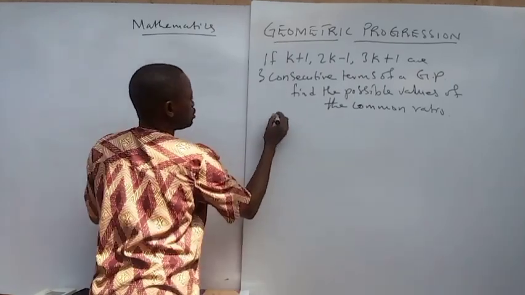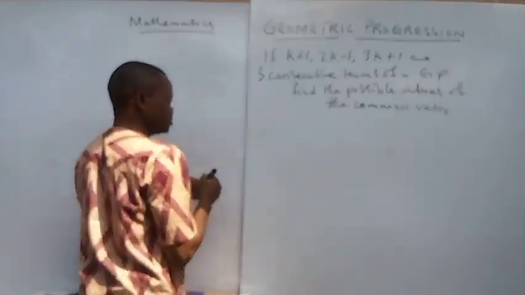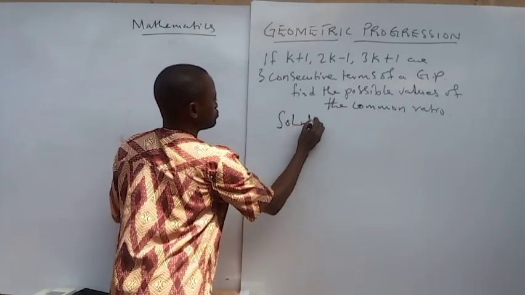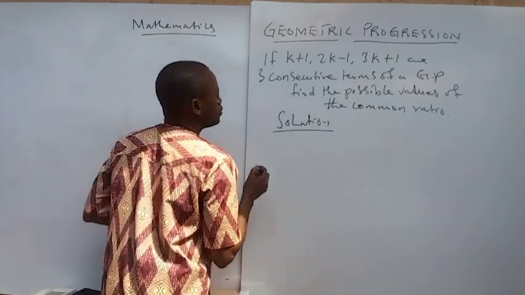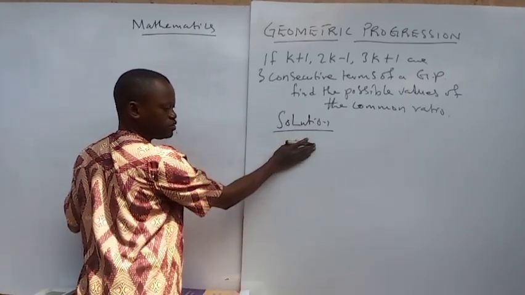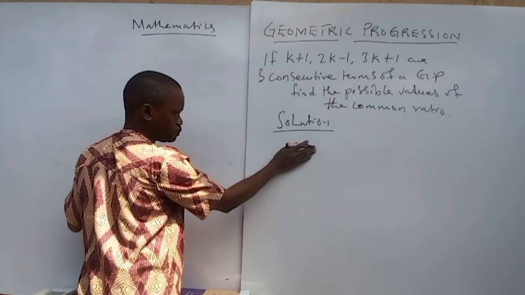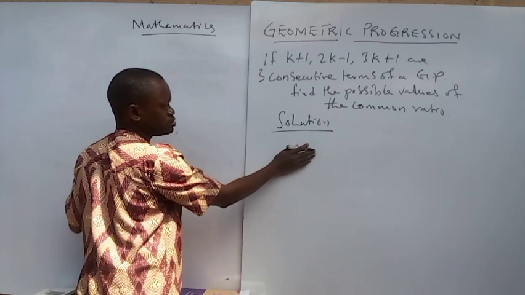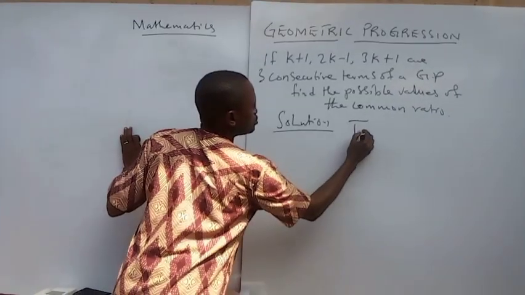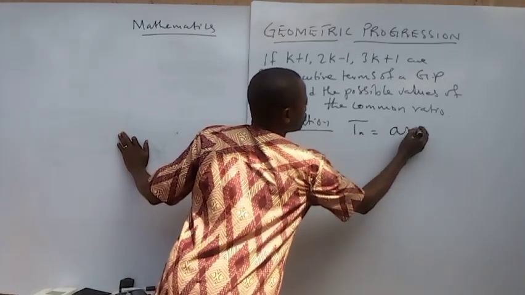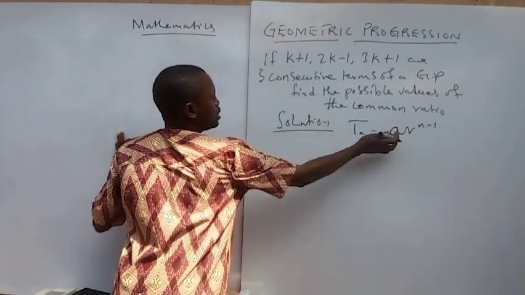Okay, quickly, without wasting our time, I will write the solution. Now, you know from our previous classes in geometric progression that the nth term of a geometric sequence is given by Tn equals ar raised to the power n minus 1, where a is the first term.